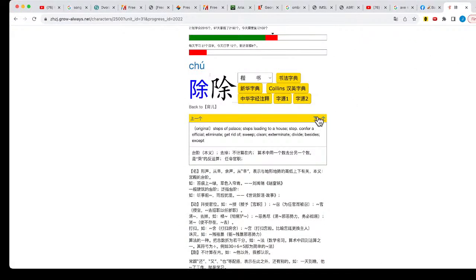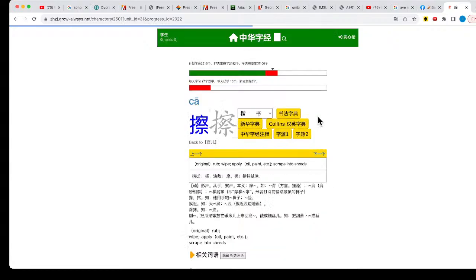Next one, 擦. 擦 means wipe, rub. It also means to apply oil, ointment, grease, or paint over the surface of a thing. It also means shredding things into smaller pieces, which is also called 擦.